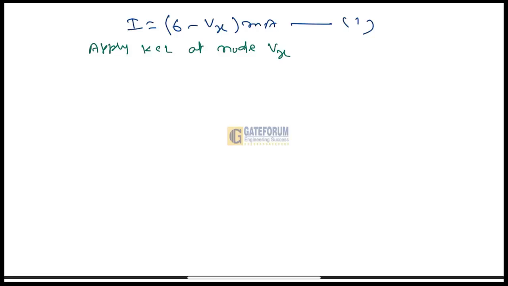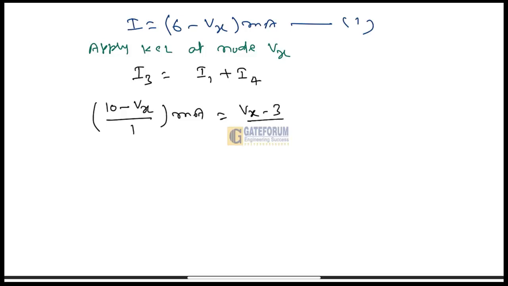We can write I3 is equal to I1 plus I4. What is I3? The supply voltage is 10 minus Vx divided by 1, in milliampere, is equal to I1, which is Vx minus 3 divided by 1, also in milliampere, plus I4, which is Vx minus 0 divided by 1, also in milliampere.